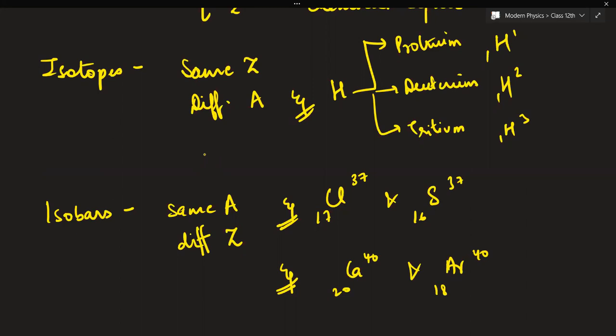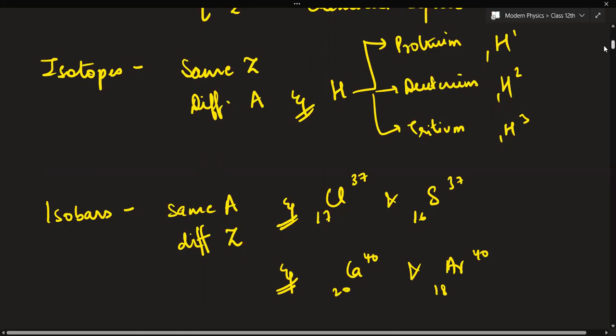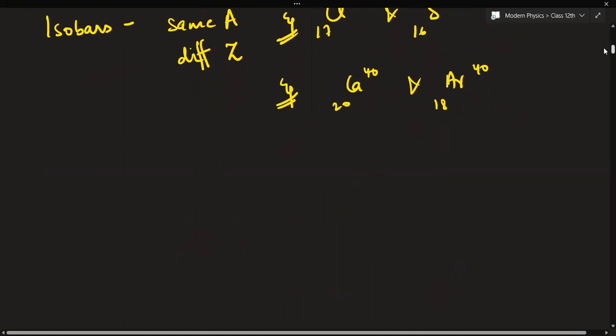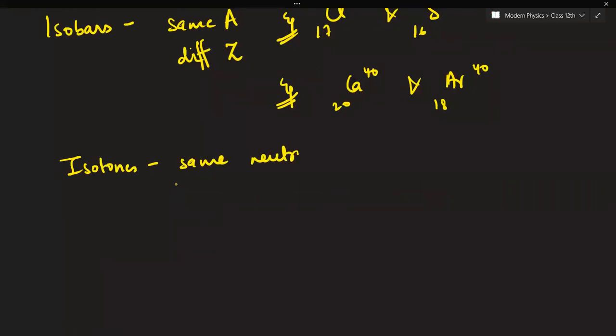So these are isobars. Then you have isotones. In isotones, the same number of neutrons are present, that is A minus Z is the same. Neutrons are calculated by A minus Z, so A minus Z should be the same.